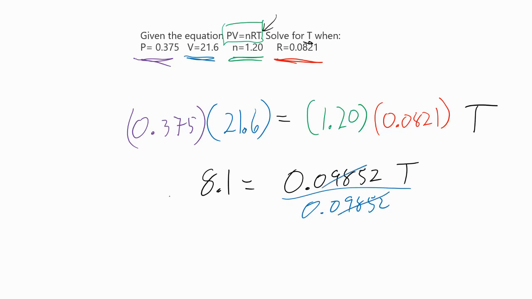So they cancel, and what you do to one side, you do the other. And then you get your T is equal to 82.2 ballpark. All right.